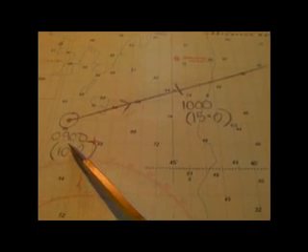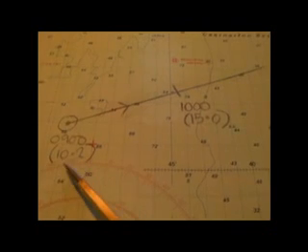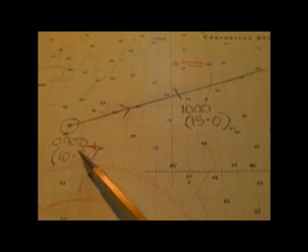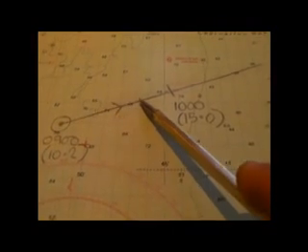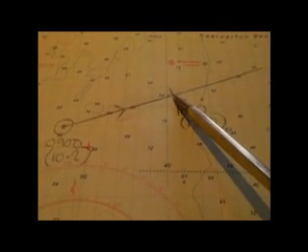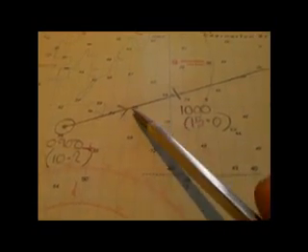We've got the time, so 0900 hours, and then we've got the log reading in brackets, so that's 10.2 nautical miles. And then I drew a line at 70 degrees, because that's our course, and that's our water track mark there.